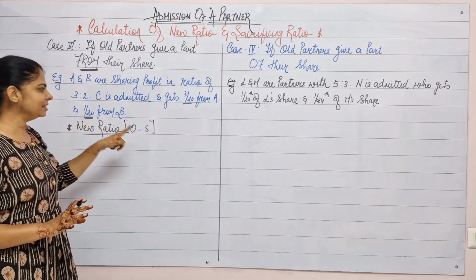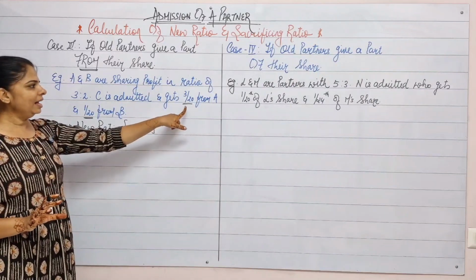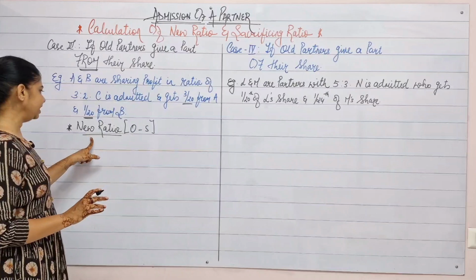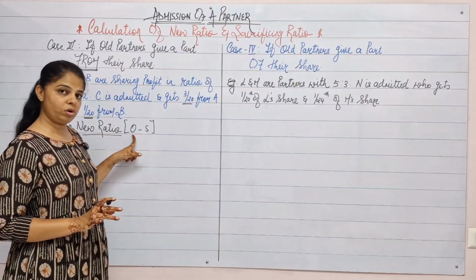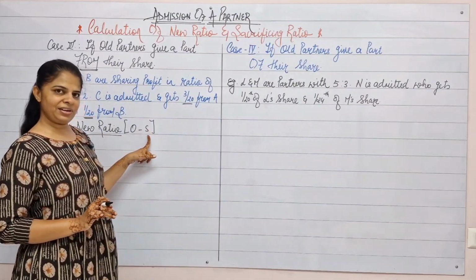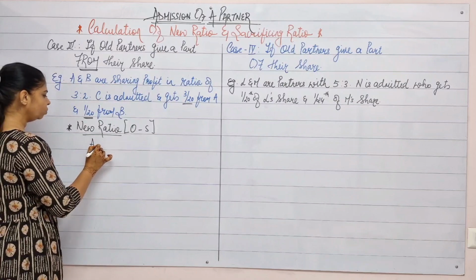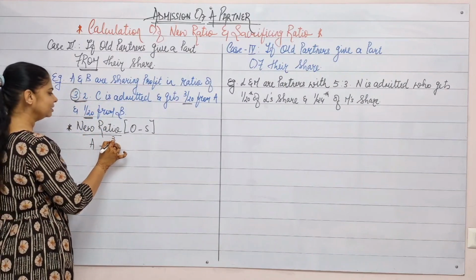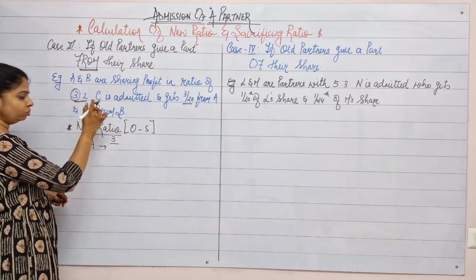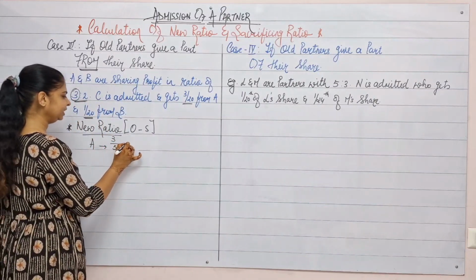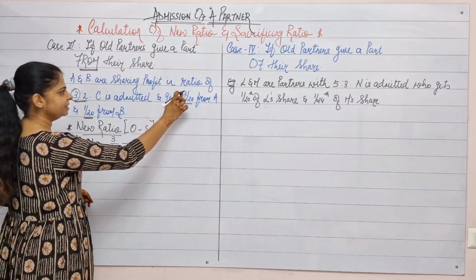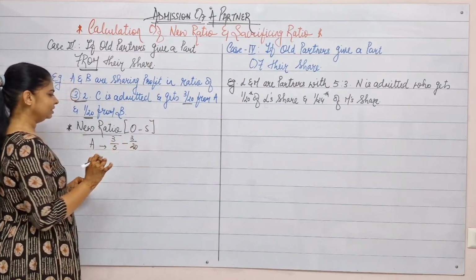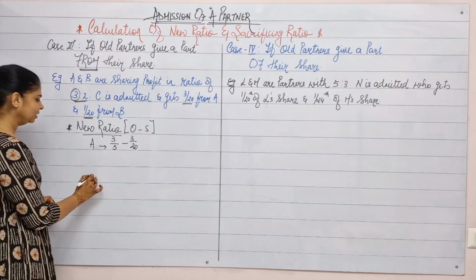So in this case, sacrificing ratio and sacrificing shares are given. So we will be finding new ratio based on old share minus sacrificing share. A's old share was 3/(3+2), 3/5, minus he is sacrificing 3/20 share in favor of the incoming partner.